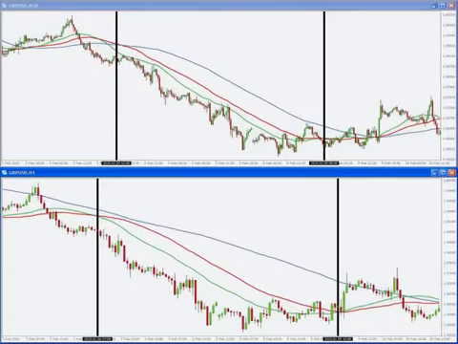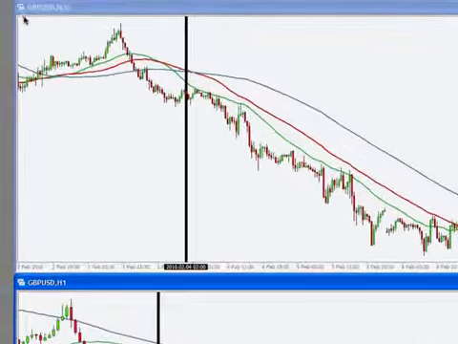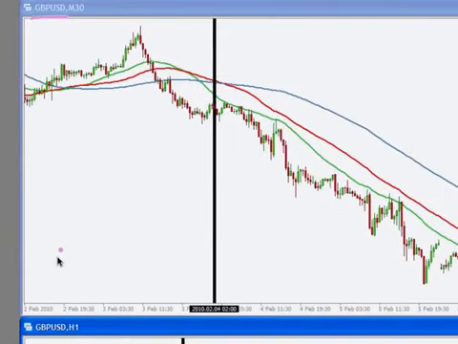Alright, we are now looking into 2 different charts related to the sterling pound against the American dollar. Sterling pound against the American dollar up there, and sterling pound against the American dollar down here.